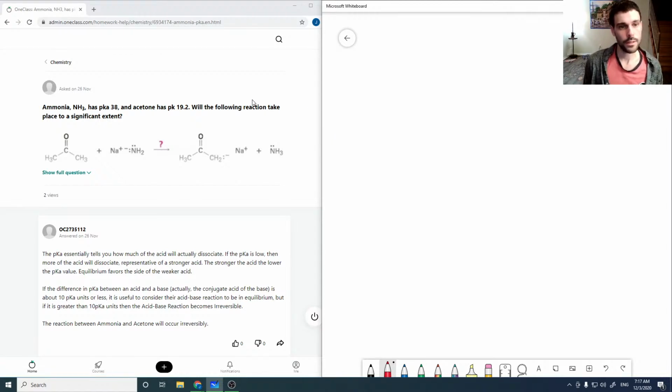Okay. Ammonia has a pKa of 38 and acetone has a pKa of 19.2. Will the following reaction take place to a significant extent? Okay, so the reaction is acetone.